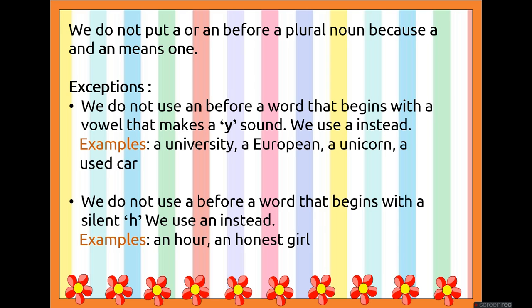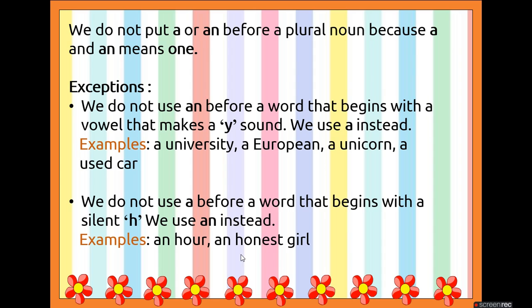Exception number 2. We do not use a before a word that begins with a silent H. We use an instead. So, owl. We don't say howl, we say owl. The H in front is a silent H. So we cannot say a owl, we say an owl.